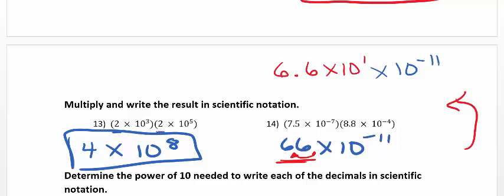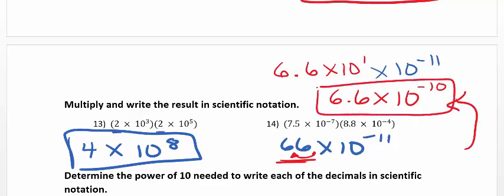So now we have to combine those two. So this becomes 6.6 times 10, and we want to add 1 and negative 11, and that's going to be negative 10. So our final answer in scientific notation is 6.6 times 10 to the negative 10th power.